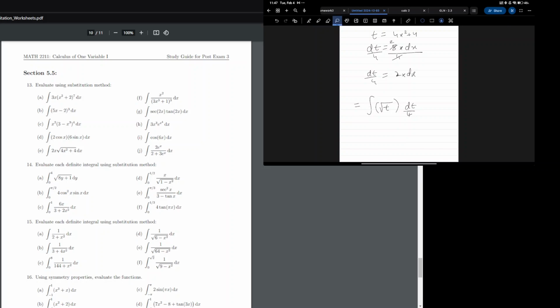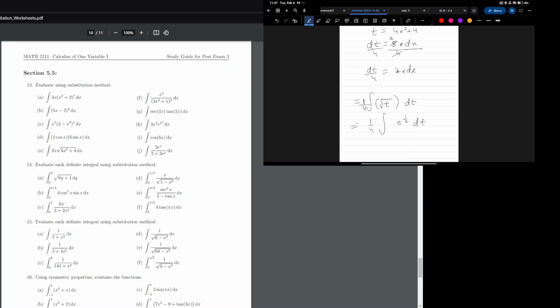Move 1/4 out. To move the constants outside makes life a lot easier. Alright, what am I left with? Root t dt. Can I write this as 1 over 4 t to the power 1 over 2 dt? Just some power. Right? Yeah.